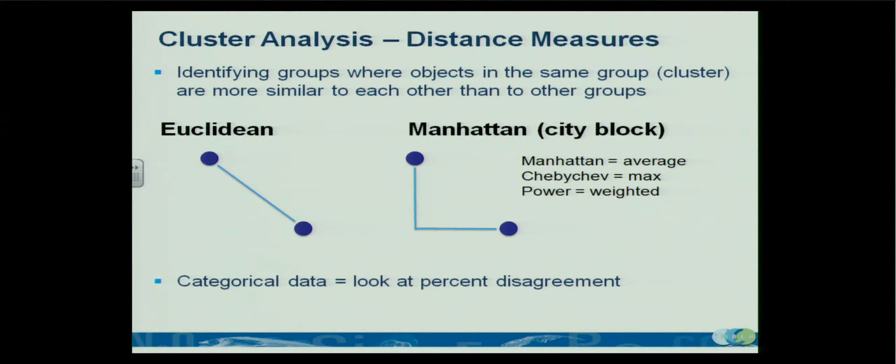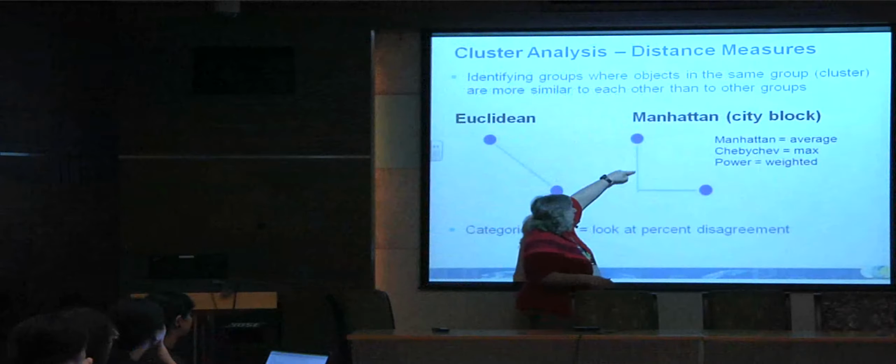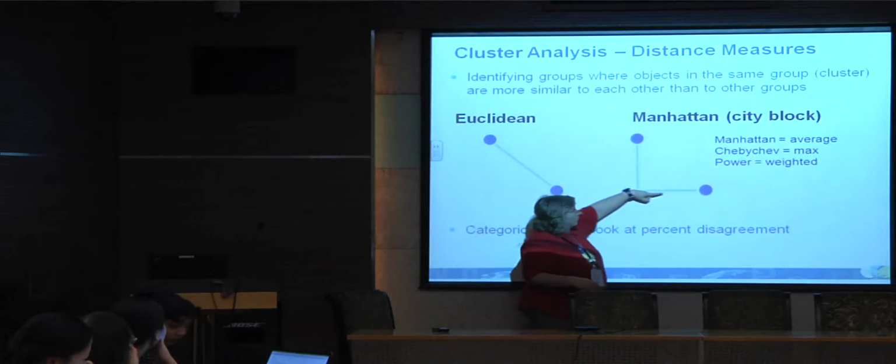So if we look at the distance metrics, the simplest one, the one that we'll be most familiar with from primary school, is just the straight line between 2 points, the Euclidean distance. That's the simplest measure to use in all of these multivariate analyses. The second most common one is called the Manhattan City Block. It could have been the Shanghai City Block or the New Delhi City Block, but think about it as a person walking along one street and then turns and walks on the next street.